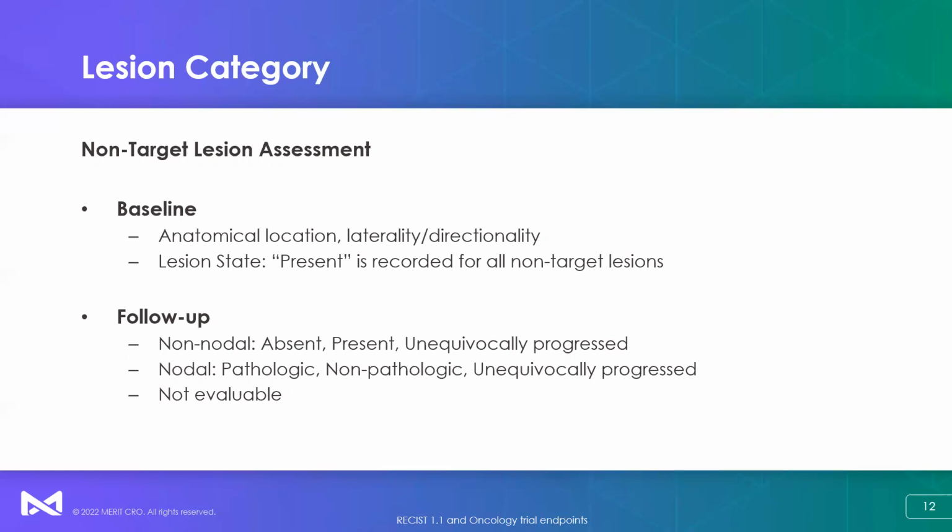Upon follow-up, non-nodal lesions should be recorded with the state of absent, present, or unequivocally progressed, and any nodal lesions should be recorded as pathologic, non-pathologic, or unequivocal progression. And sometimes the lesion can be not evaluable because the reader is not able to read the images, and this should definitely be recorded with the reason for not evaluable.